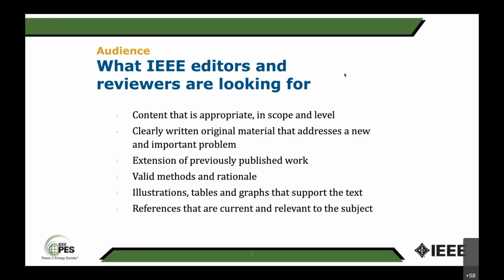Therefore, if your paper is an okay paper, but not very strong, then the editor or the reviewer for the IEEE Transactions on Smart Grid may say, your paper is okay, but we have much better papers that we have to deal with. Therefore, we cannot accept your paper.